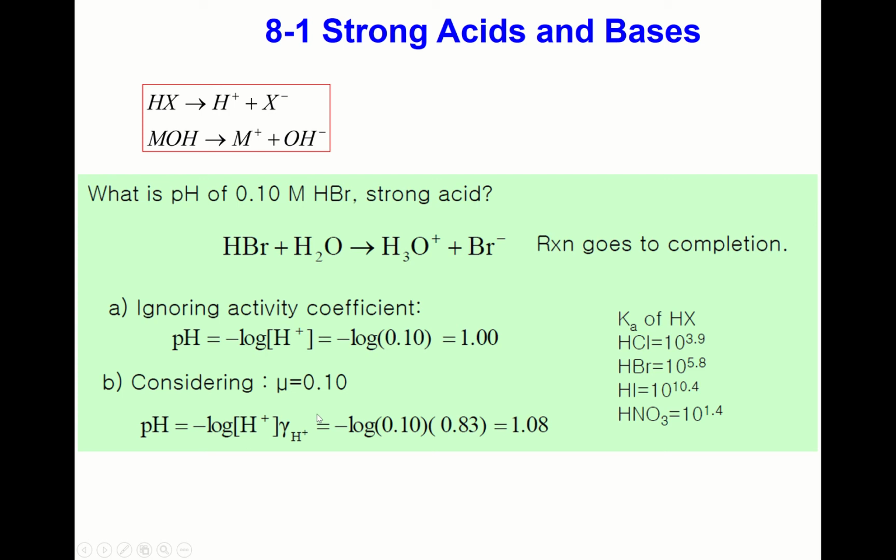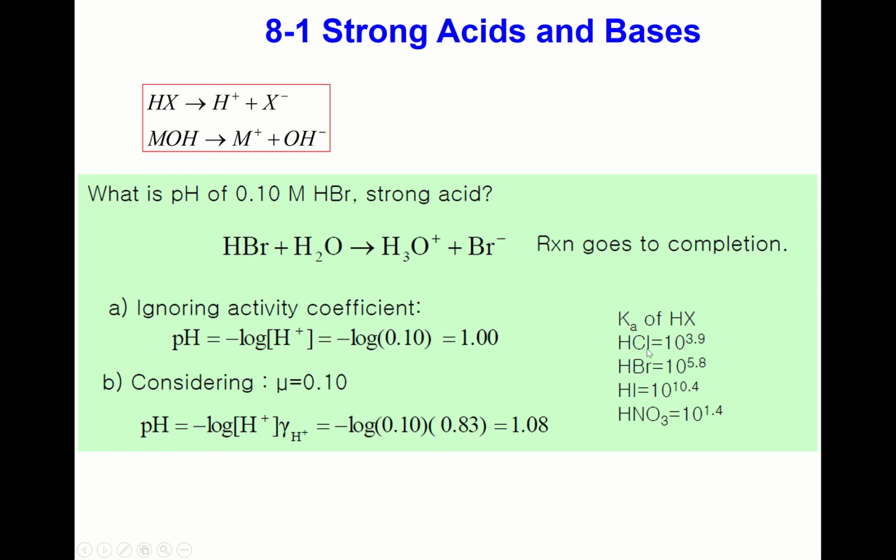Look at these values. These compounds, HCl, HBr, HI, HNO3, are all classified as strong acids. But actually, what are the equilibrium constants or dissociation constants for these strong acids? Is it infinite? No, not infinite, but very large numbers.